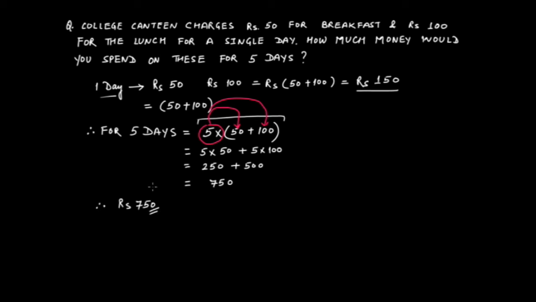This would be the amount that you would spend in 5 days, sorry, not daily, for 5 days, rupees 750. So you could see that here we used the distributivity.